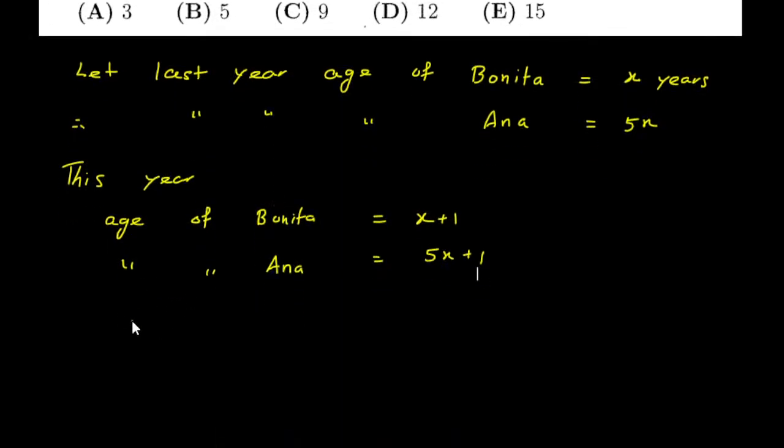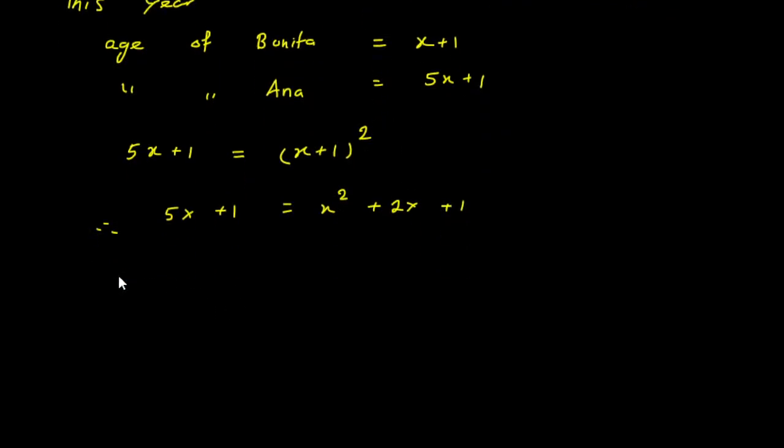So this year Anna's age, that is 5x plus 1, equals the square of x plus 1. Now let us simplify this. We get 5x plus 1 equal to x square plus 2x plus 1. Okay, so this will give us x square equal to 3x.